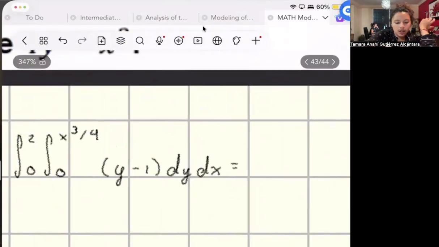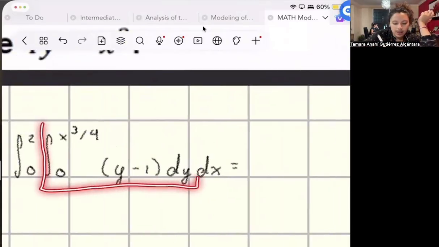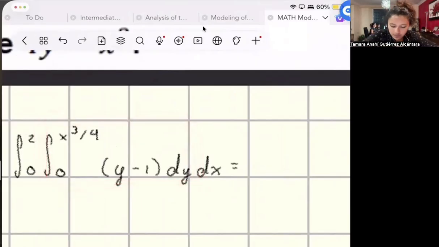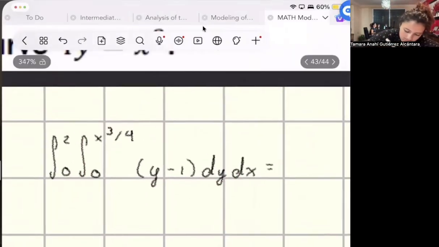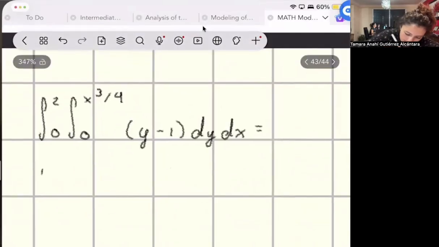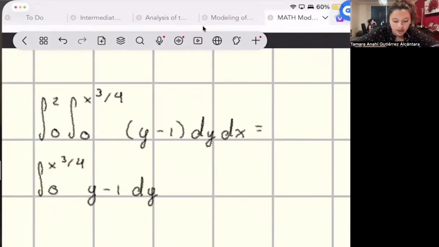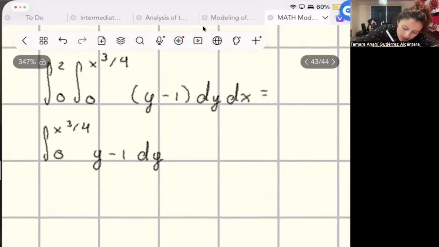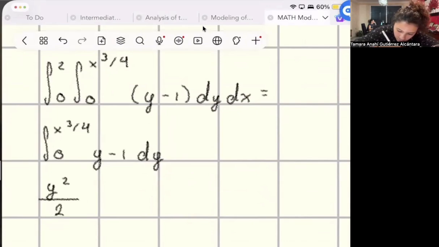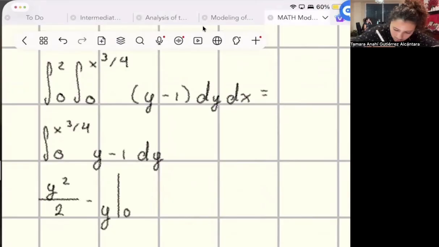First we're going to do this integral, from 0 to x cubed over 4 of y minus 1 dy. And that integration is y squared over 2 minus y, with the evaluation from 0 to x cubed over 4.